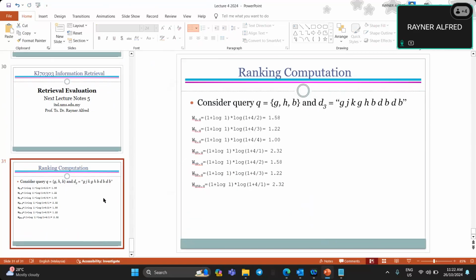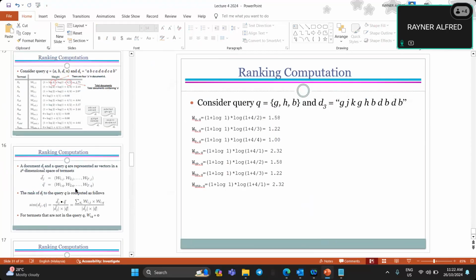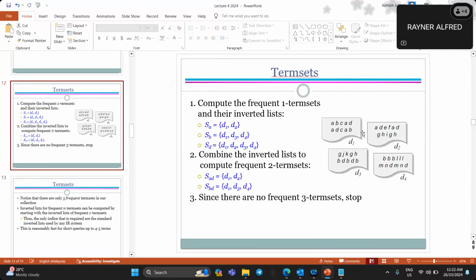Okay, now we have GHB. This is our query. So for GHB, all of this is one. But we have to look at G, how many documents it exists in. So we have to copy this one.